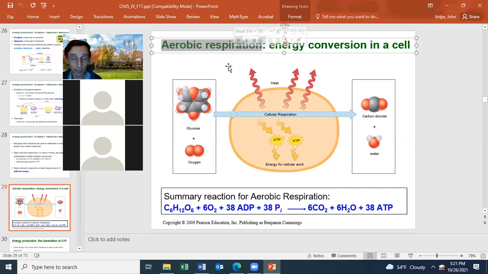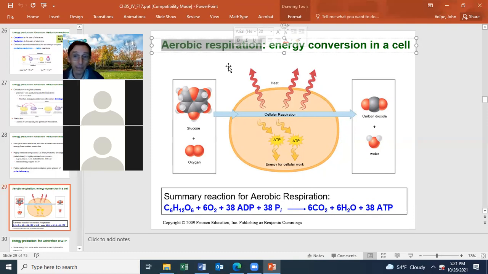Aerobic respiration is actually a better term because it tells you what the cell is doing. Cellular respiration could be aerobic respiration or anaerobic respiration, so the term cellular respiration isn't the best term, at least in my opinion.